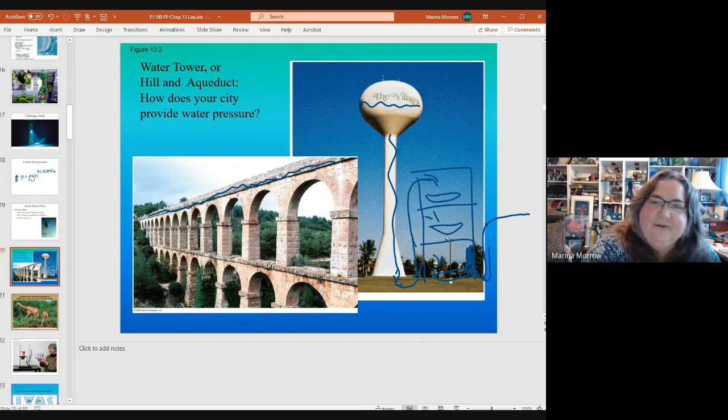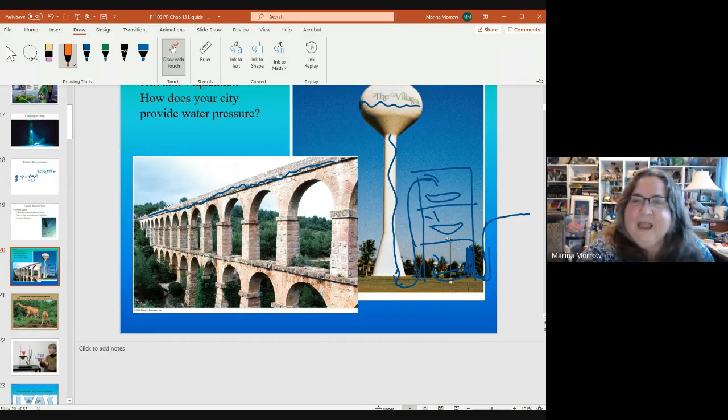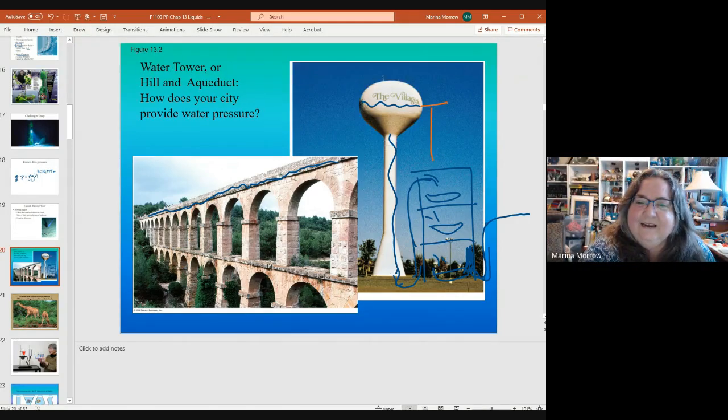Okay, so the difference in the height here, let me change to a color that's not blue. All right, so the difference in the height is what gives you the water pressure. Okay, so anyway, who's going to get the best pressure? The one with the greatest change in the height.